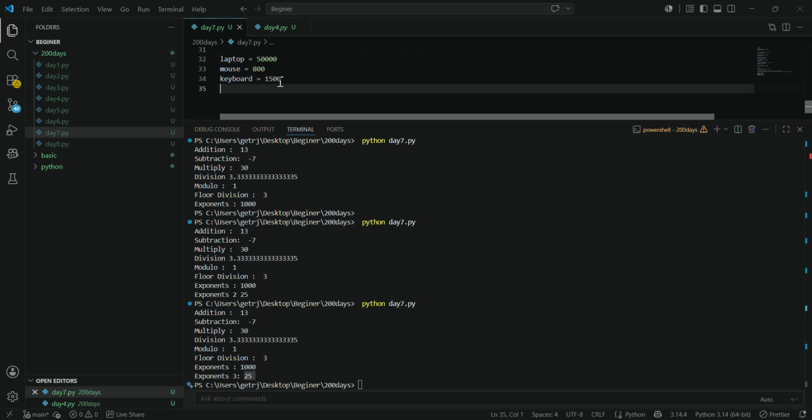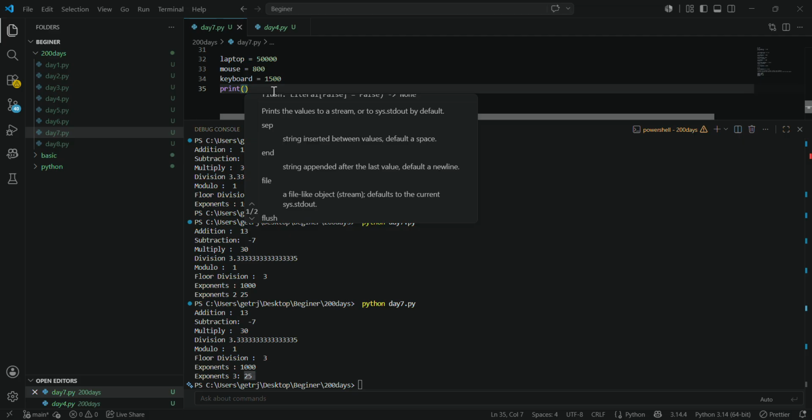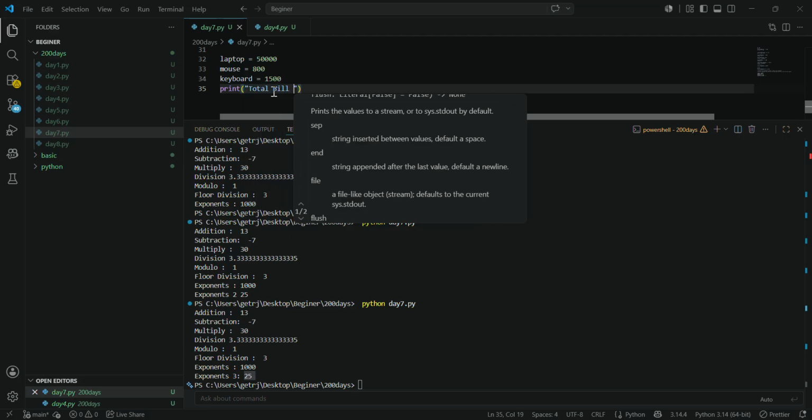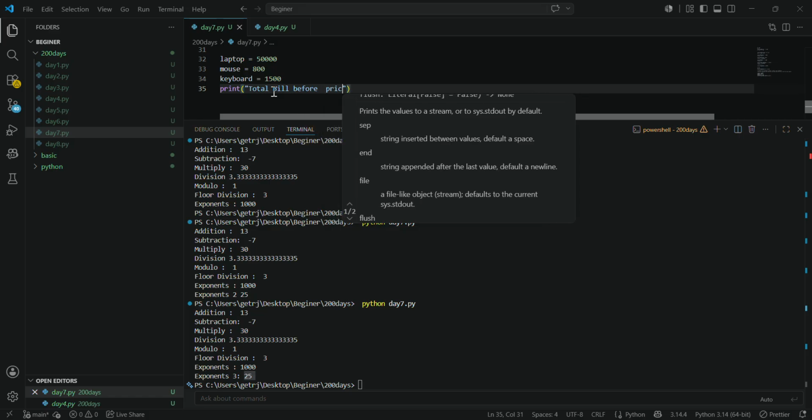Then we add all the prices to get a total bill before tax. Then we are printing here, print total bill before price.